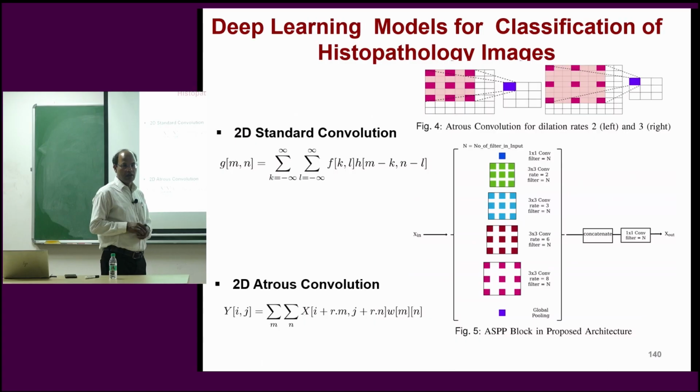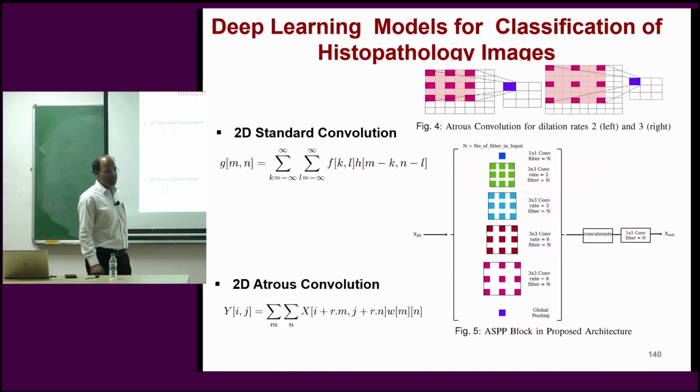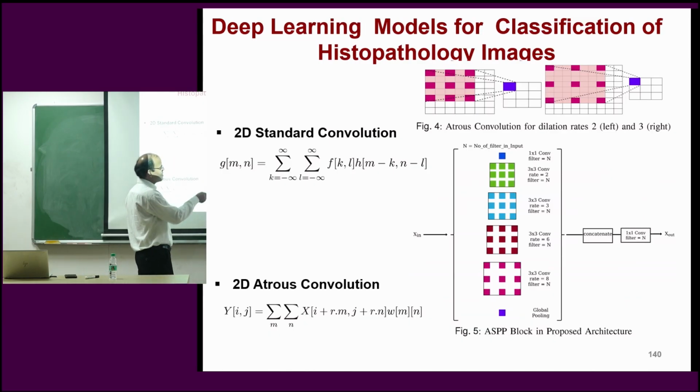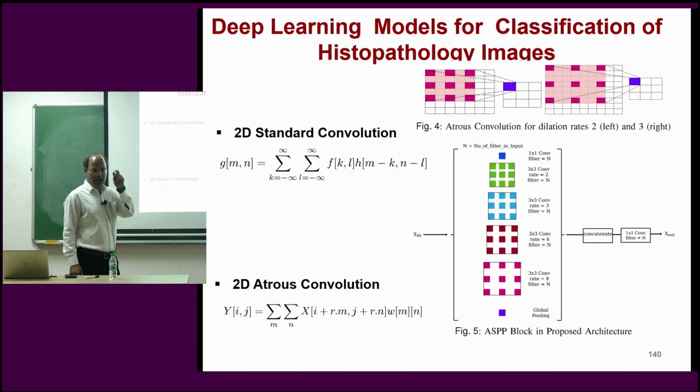Basically, the main idea of using atrous convolution is to increase the field of view, FOV, right? How do we increase the field of view? By inserting zeros between the feature samples. So if it is a 3 cross 3 kernel, when the rate equals 2, between two feature samples one gap is created, or a zero is filled.